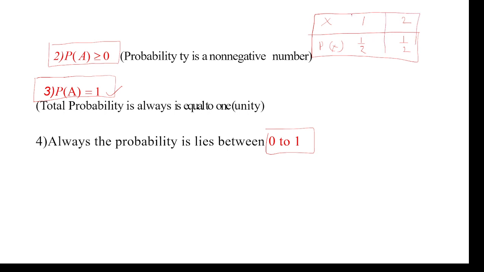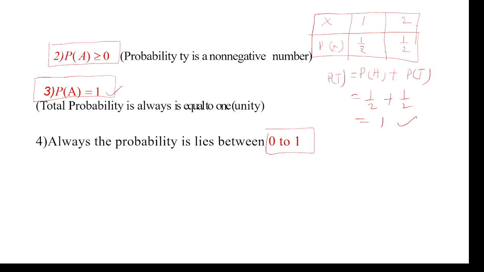Probability to get head plus probability to get tail, that is P of H plus P of T, which is the total probability. 1 by 2 plus 1 by 2 is equal to 1, so this is the maximum probability always. Not only this, if you throw a dice with 6 outcomes, the probability to get 1 is 1 by 6, plus 1 by 6 and so on up to 6 outcomes, so the maximum probability is 1.